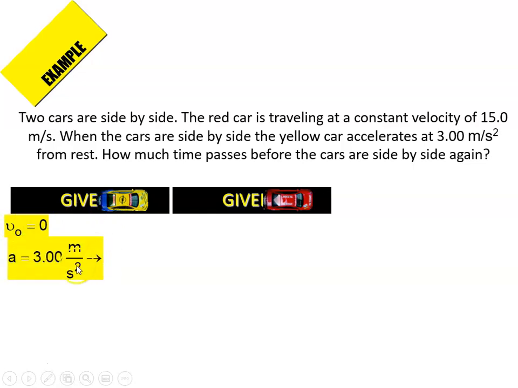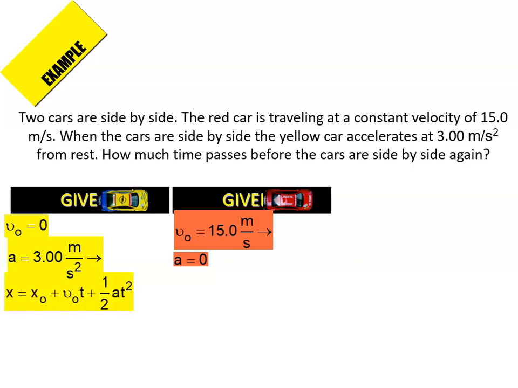And a sub y is 3 meters per square second, the yellow car's acceleration. v0, comma r, in other words, the 0 and r are both in the subscript, the initial velocity of the red car is 15 meters per second, and its acceleration is 0, so a sub r would be 0. So that's how I would recommend notating this if you don't have colors with you. And even if you do, I would recommend using subscripts. But here, just to illustrate the process in the PowerPoint, we're going to avoid that and just use shading colors.